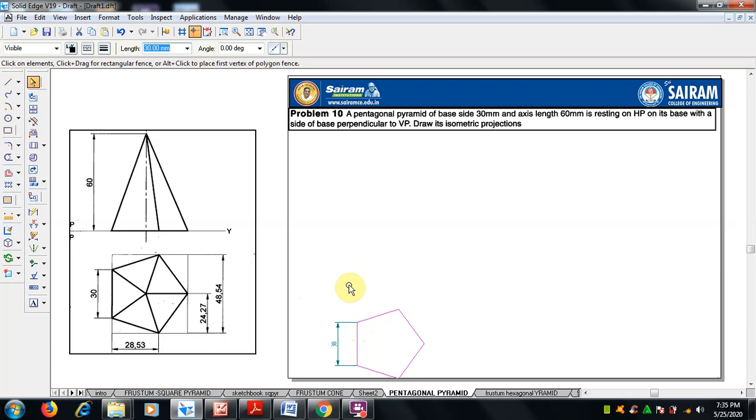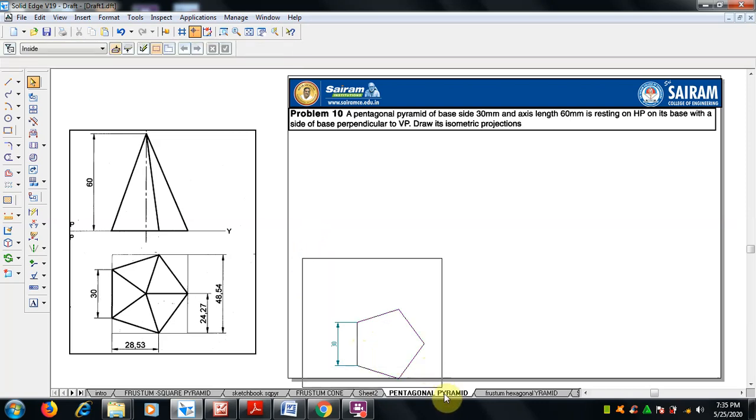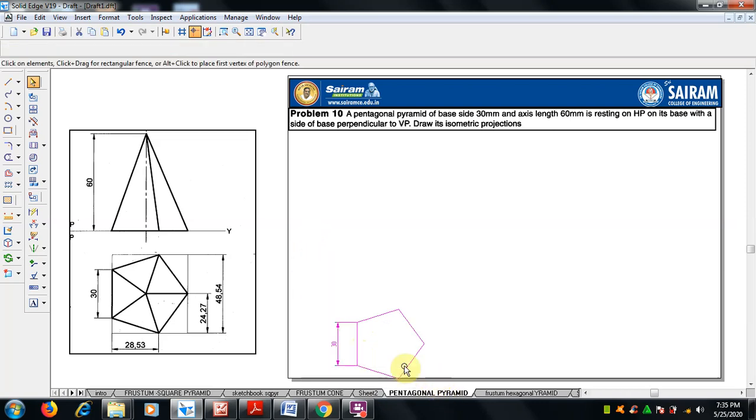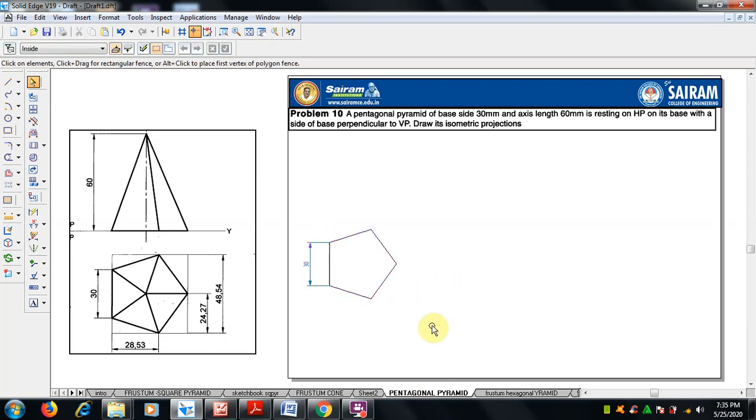So now, okay, first we have to draw the pentagon in a way, how to keep it, and then to draw the isometric view, I need a square. As I said, this should be covered with a square block. Okay, how will we do it? So no problem, we can draw a line like this.